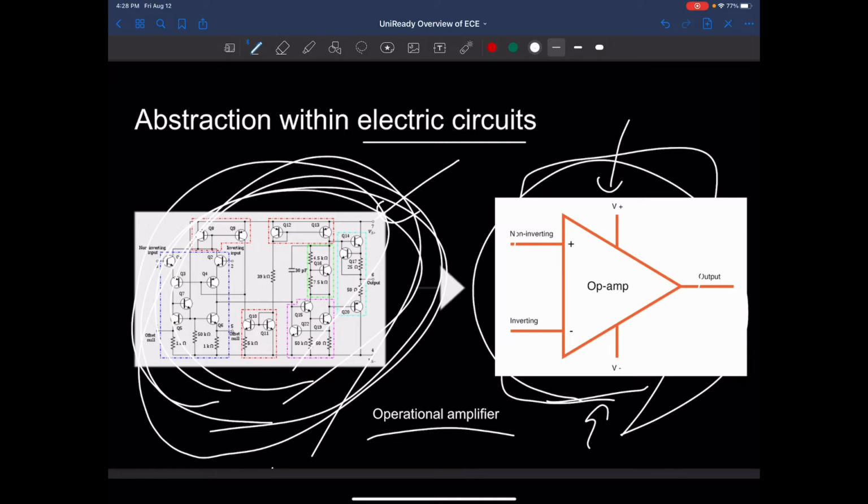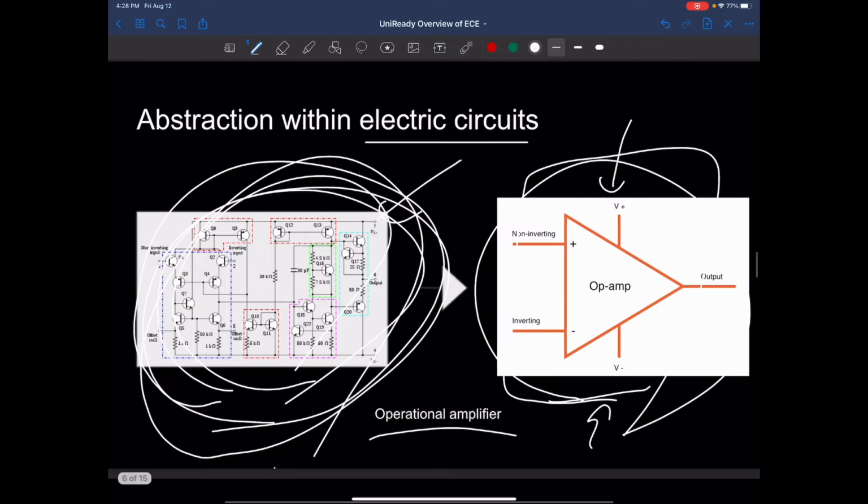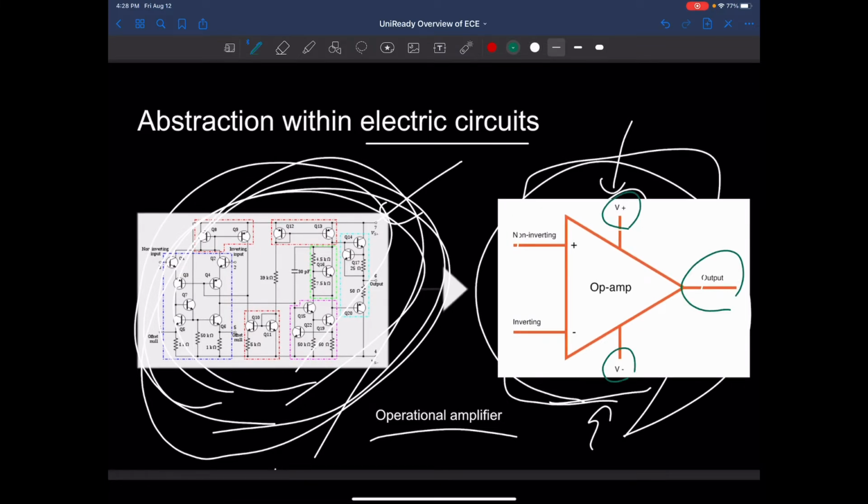You just want to know how this thing behaves. You have these 3 connections, and you want to know how these connections serve the circuit that is connected to this operational amplifier.